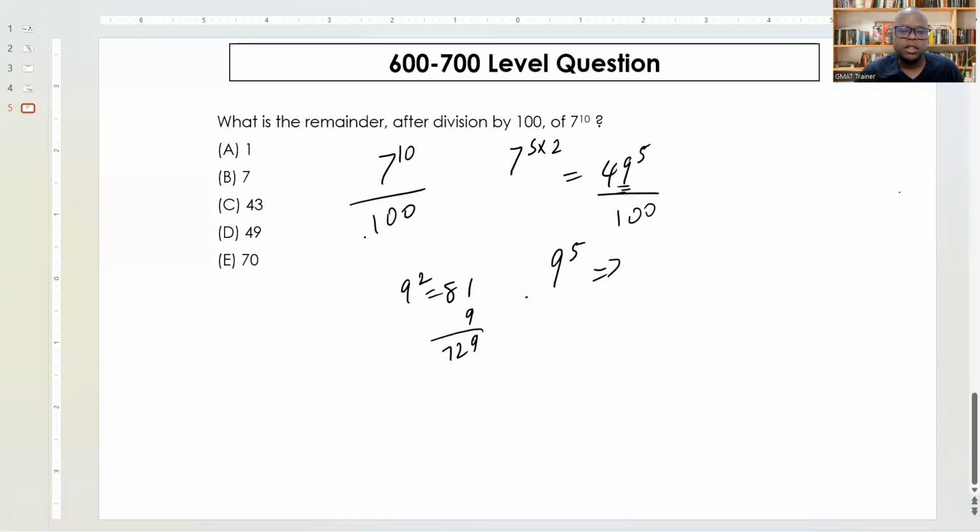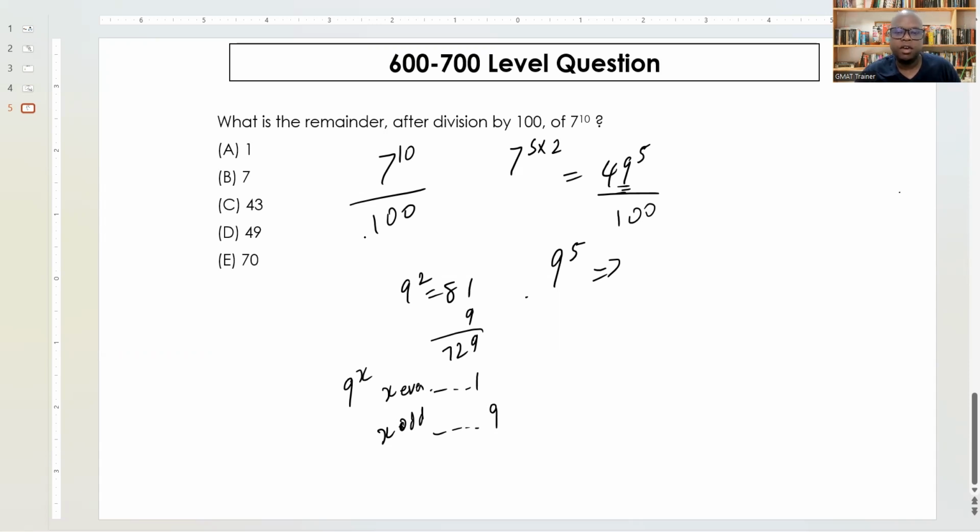So for the simplicity of 9, it ends with a 1 if the exponent is even. And for 9 raised to power x, if x is odd, what does it end with? It ends in a 9, because 9 cubed actually ends in a 9.